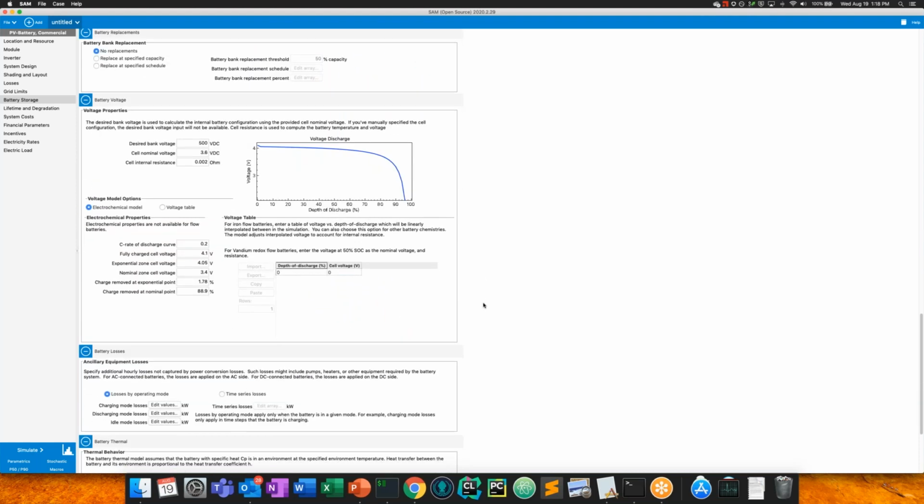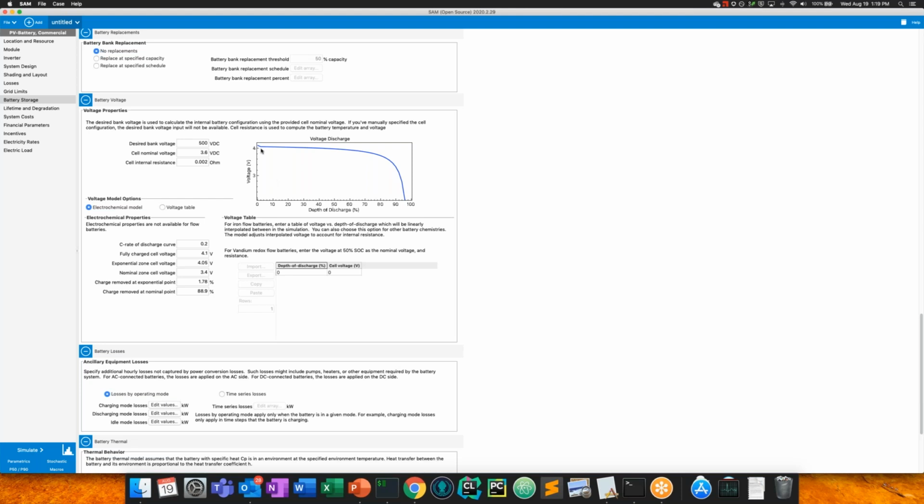Next, we have the battery voltage. So the battery bank voltage is calculated using the cell nominal voltage. The voltage curve that is drawn here is using this electrochemical model. This electrochemical model is a semi-empirical voltage model that splits up the voltage discharge curve of the battery into 3 zones.